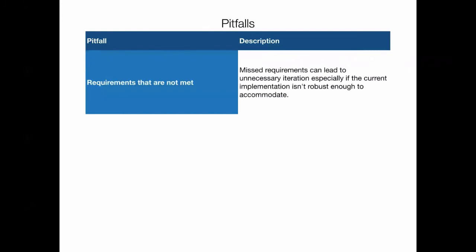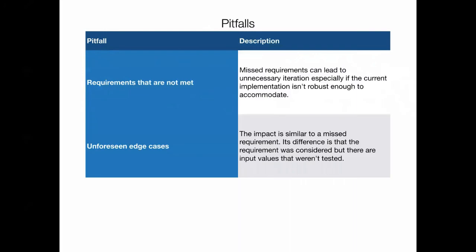The first one is that there are requirements that are not met. This is easy enough to happen because if we don't process the problem and we code directly, we go with an interpretation of what we think the problem is. It can be correct and it can be not, but there is that risk that there are requirements that we don't take into consideration.